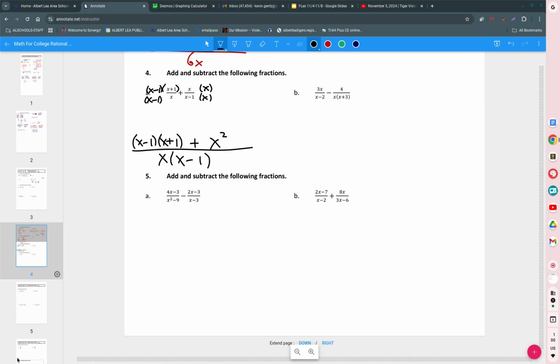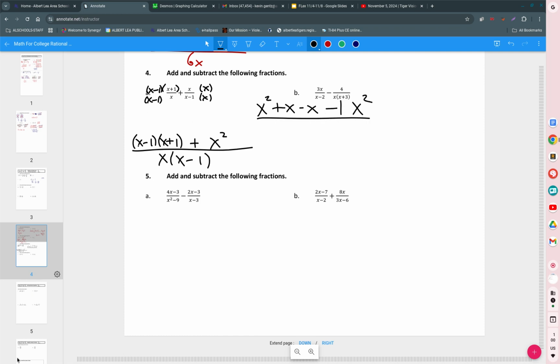As you look to work this out, you really need to take x minus 1 times x plus 1. Let's multiply that out. I have an x times an x is x squared. I have an x times 1 is x. I have a negative 1 times x is negative x. I have a negative 1 times 1 is negative 1. And then we have that plus x squared on the end.